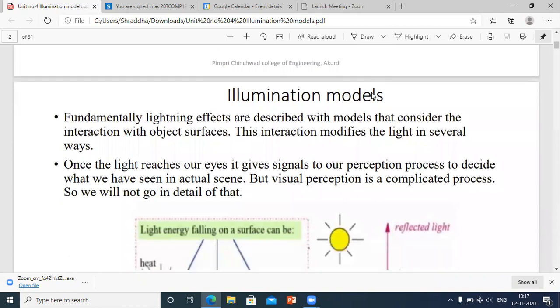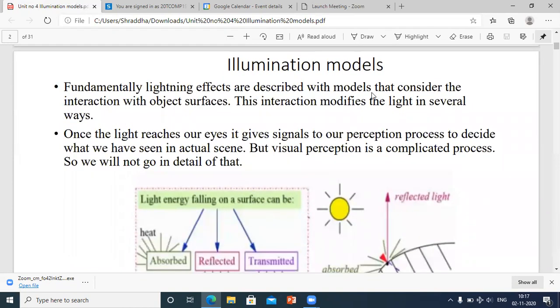The first topic for this illumination model is the introduction. First, I will tell you what illumination model means. First of all, I will break the word illumination. To illuminate means to light up or to brighten up a particular surface or a particular area.